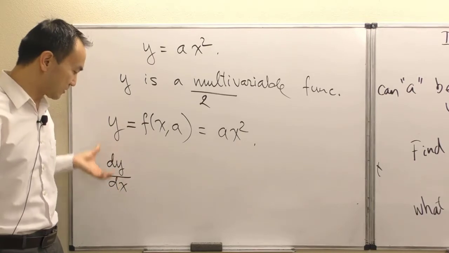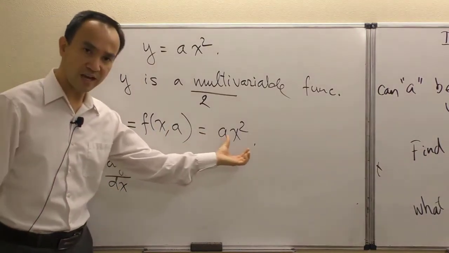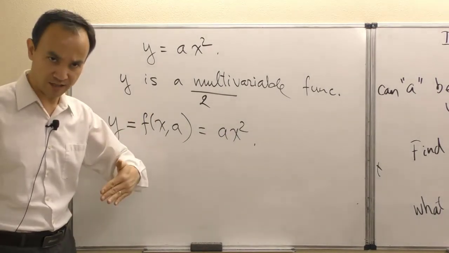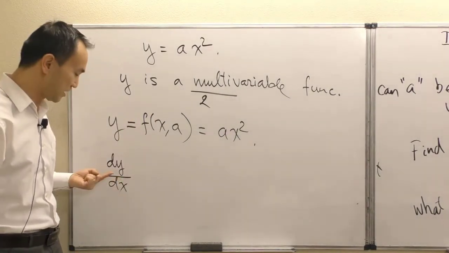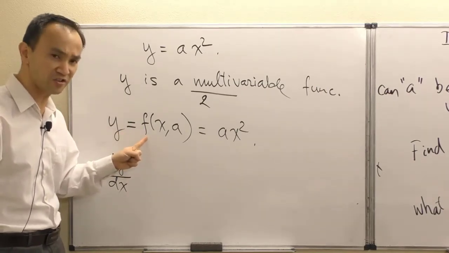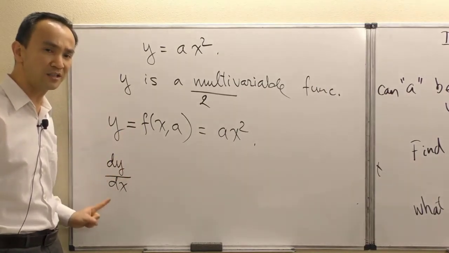But as far as this function a times x squared right here, the dy dx, in our limited understanding, we are treating y as a function. Yes, clearly it's a function. And we're taking the derivative of y in terms of x.